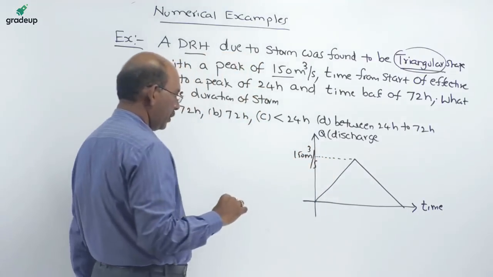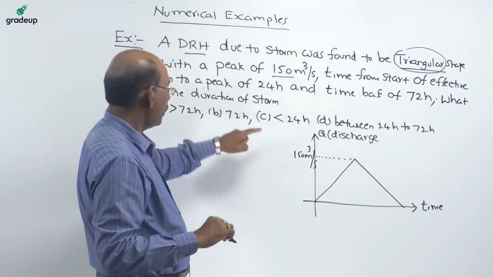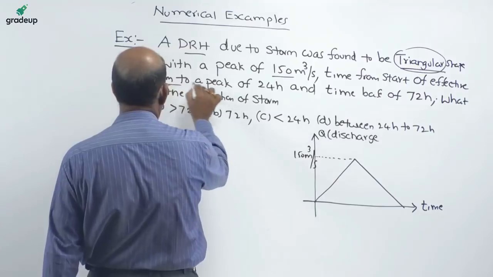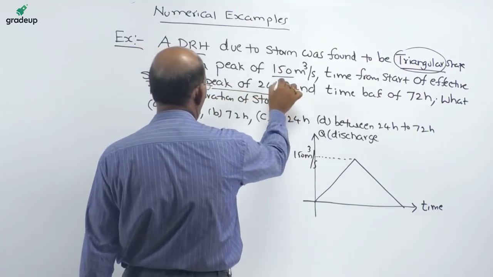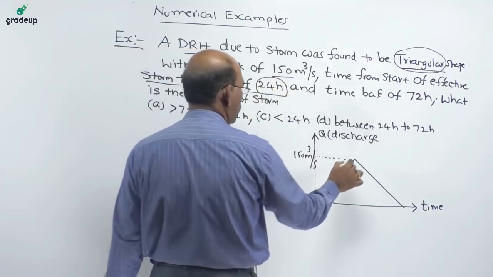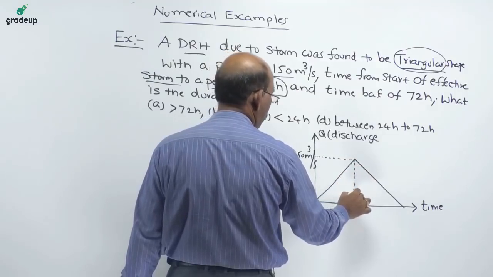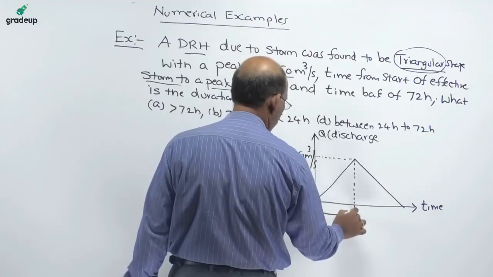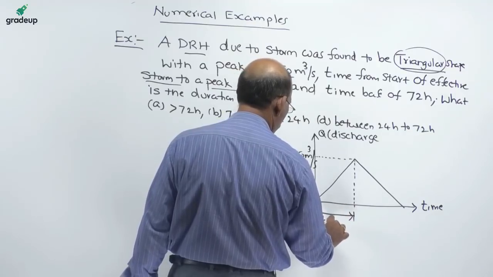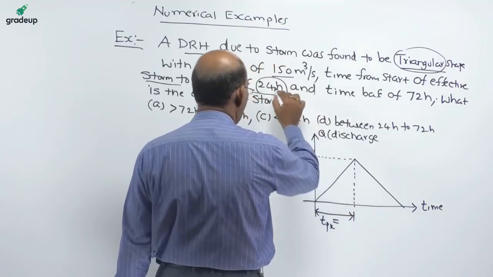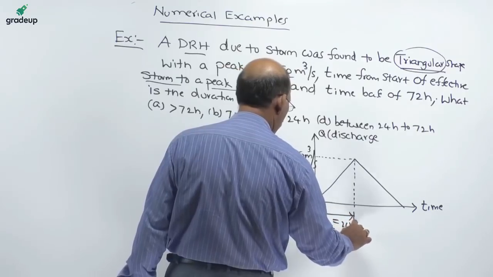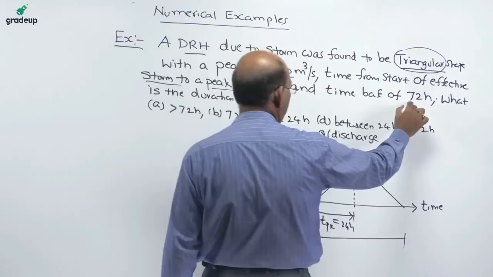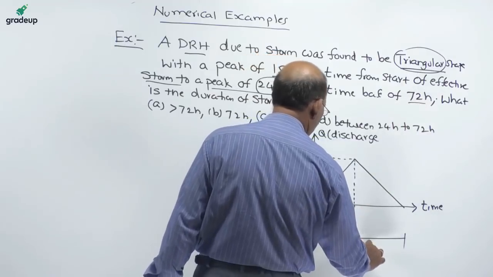So this is 150 meter cube per second, and coming to the effective storm to a peak of 24 hours, this is the time of peak, Tp, which is given as 24 hours, and the base period is 72 hours.